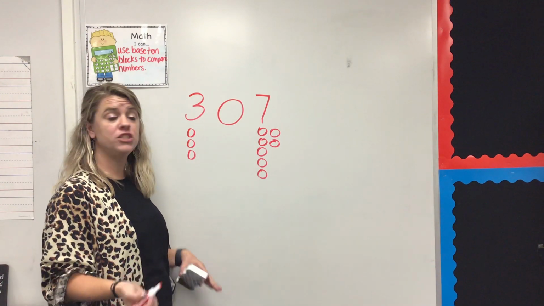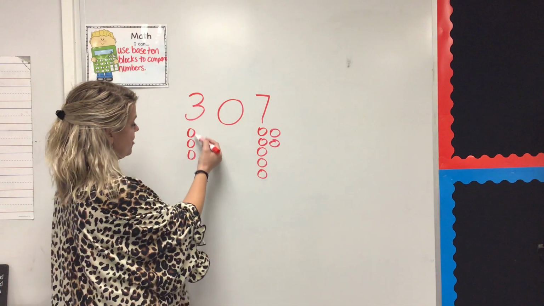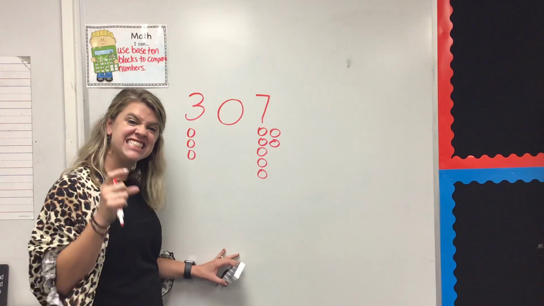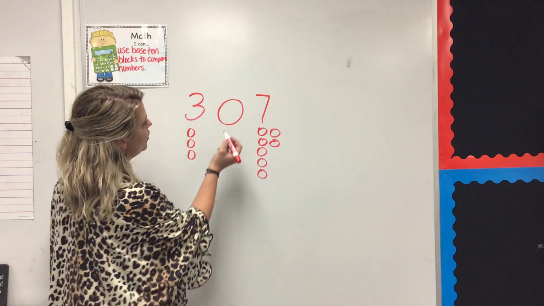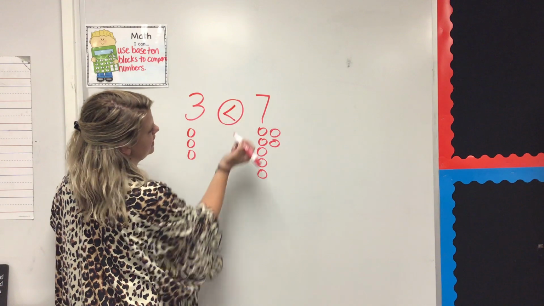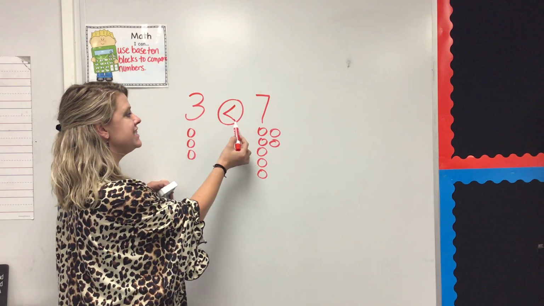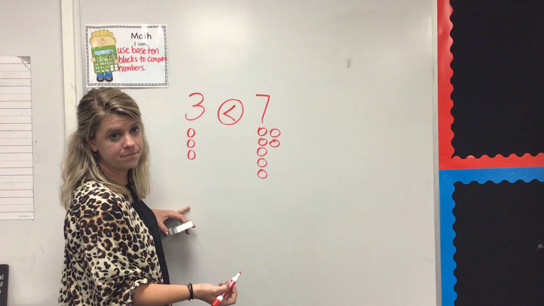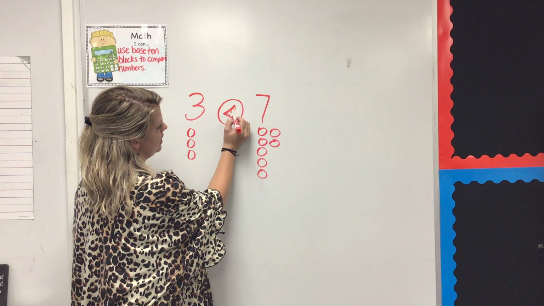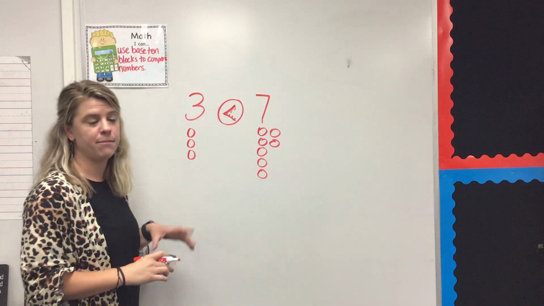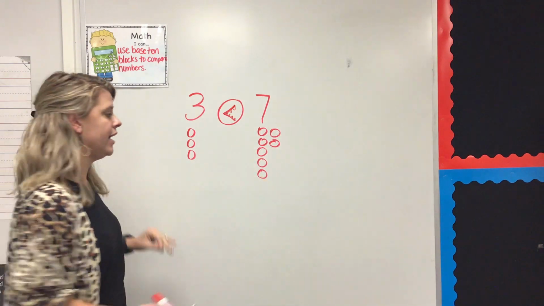How are we going to describe the numbers? I see that 3 has less dots than the 7. So I'm going to use the less than sign to show that 3 is less than 7, okay? Remember, there's that alligator mouth. It's always hungry, right? It wants to eat the biggest number. So we read this, 3 is less than 7, all right?